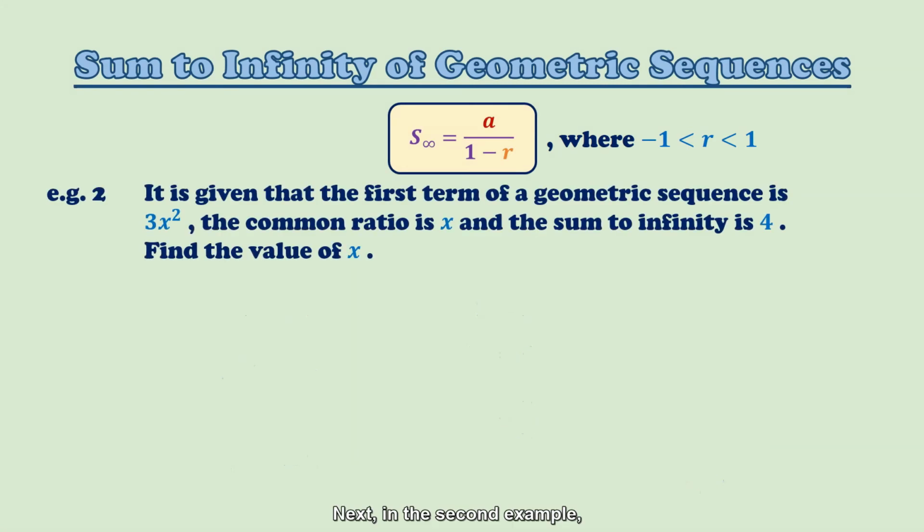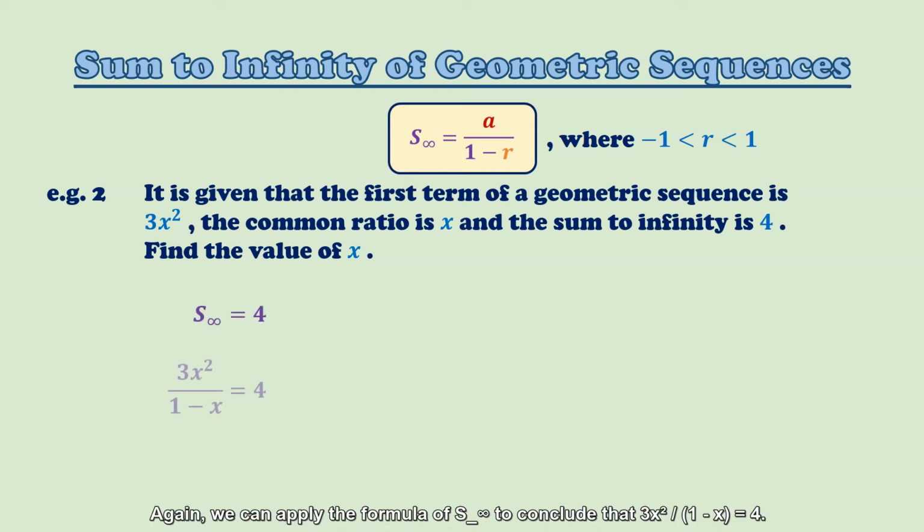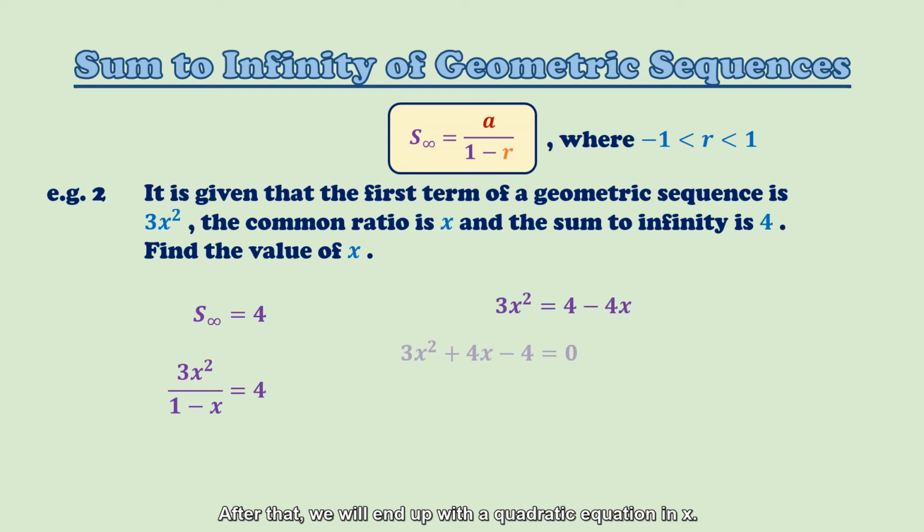Next, in the second example, it is given that the first term of a geometric sequence is 3x squared, and the common ratio is x, and the sum to infinity is 4. Now we need to find the value of x. Again, we can apply the formula of S infinity to conclude that 3x squared over 1 minus x is equal to 4. After that, we will end up with a quadratic equation in x.